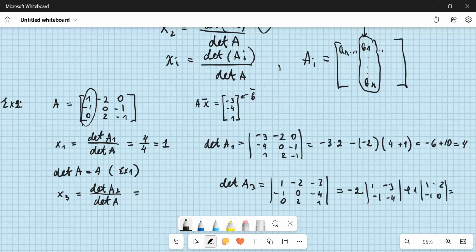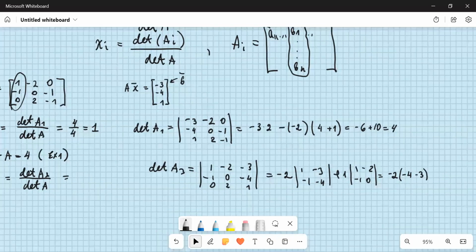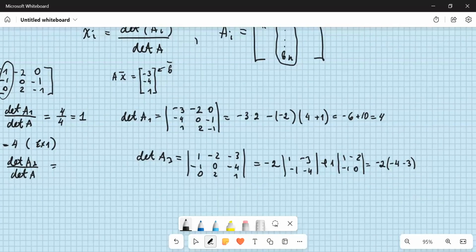Doesn't look like it's going to be complicated. So what I have, minus 2, and here, minus 4, minus 3 by 1 is just minus 3. I mean, it's going to be 3, but because the determinant has minus, it's going to be minus 3. And the plus 0 minus 2, minus 2.